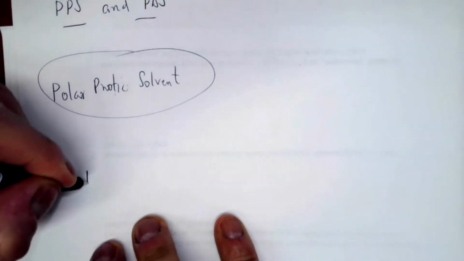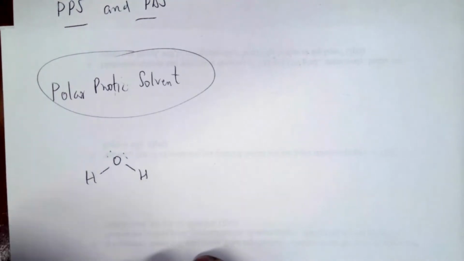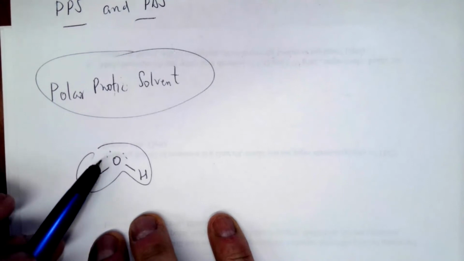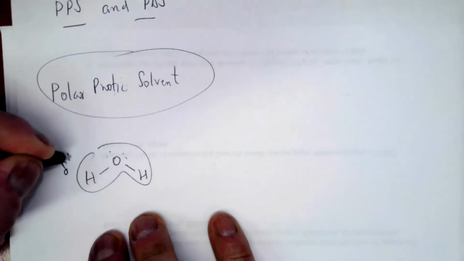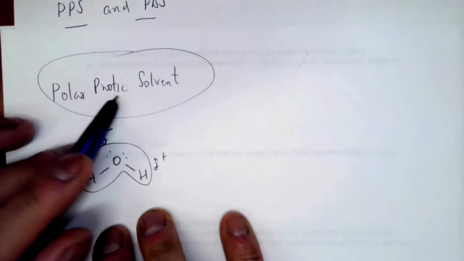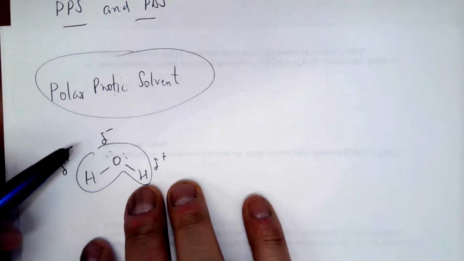Example of that, water. Water is the best example for the PPS. It has a polarity, has delta plus, delta minus. So it's polar and it's protic, meaning that the hydrogens are exposed, are part of the molecule.